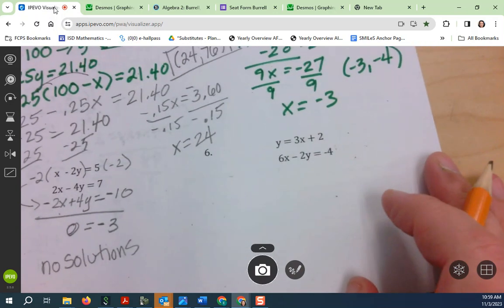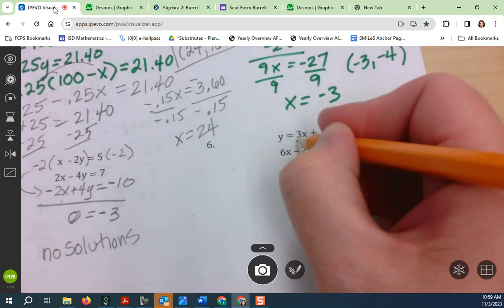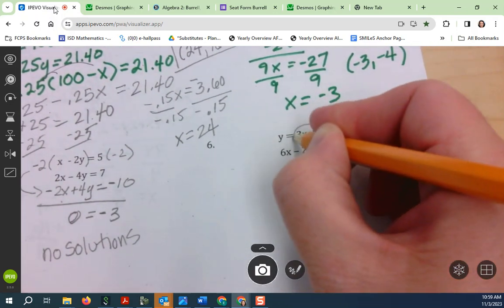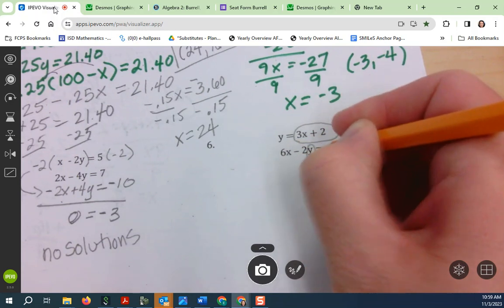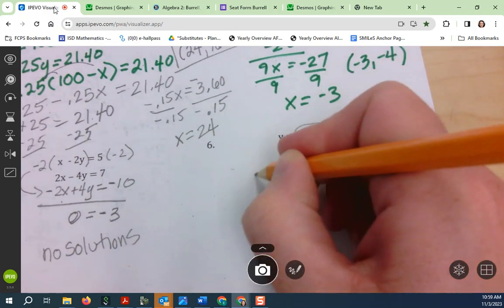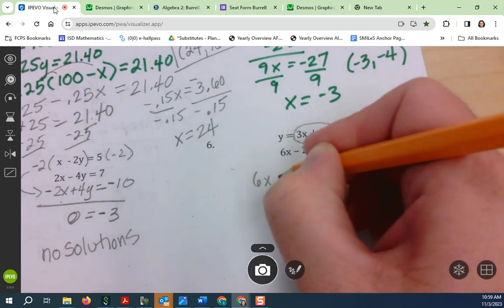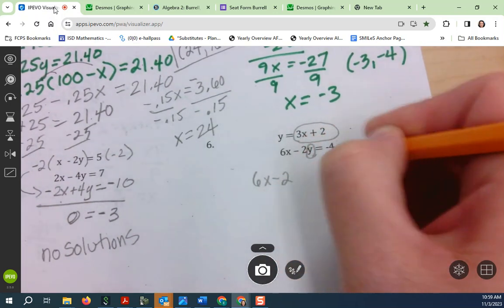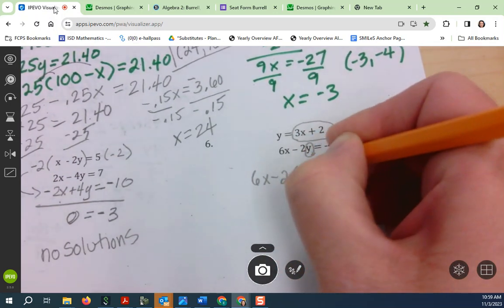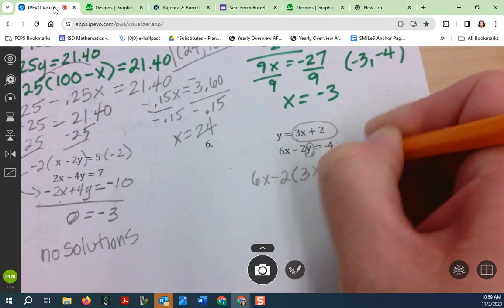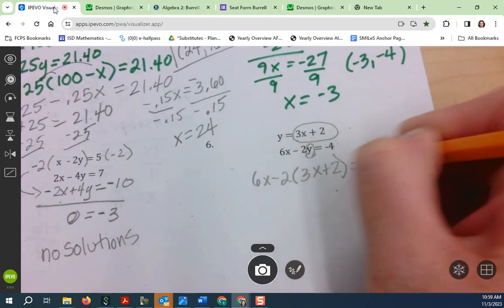Okay, the last one is set up for substitution. So I have y is equal to 3x plus 2, and I will replace the y with 3x plus 2. So I have 6x minus 2, and instead of the y, I'll put the 3x plus 2 equals -4.